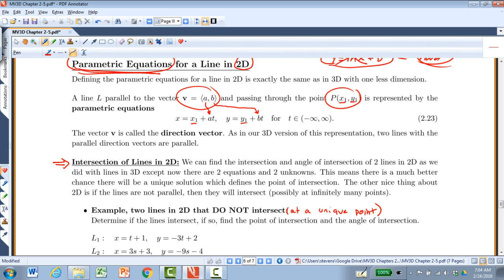Sometimes two lines, and in 2D, you've probably gone through this in previous math classes, right? You can have two lines that intersect at a unique point. You can have two lines that are parallel that don't intersect at all, and then you can have two lines where one's actually on top of the other, and they intersect in infinitely many places. So we're actually going to go, in this first case, an example where the two lines do not intersect at a unique point, right?